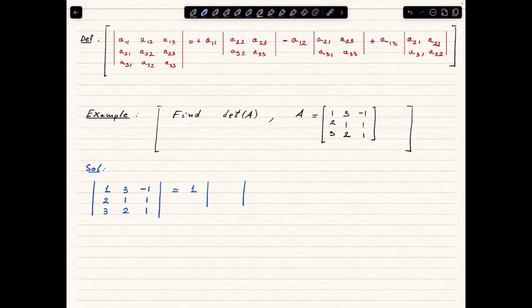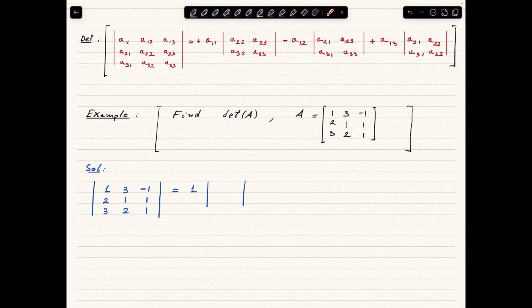What is that 2 by 2 matrix? Let's look a little bit closer. So essentially, it is the determinant of this little matrix here. A simple way to identify what matrix we need to work with is, notice that we are multiplying by A11, this coefficient.